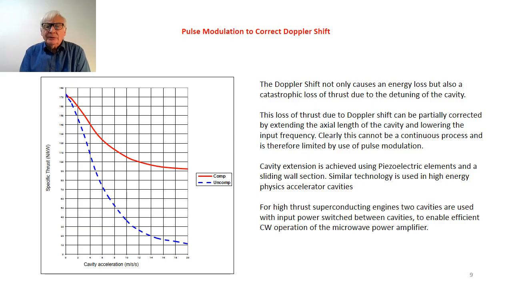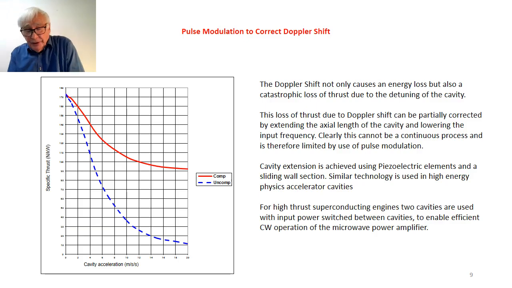In the case of what we term third generation cavities, we actually use a pulse length about the same time period as the time constant of the cavity itself. We extend the cavity axial length using piezoelectric elements and a small sliding wall section at the small end of the cavity.